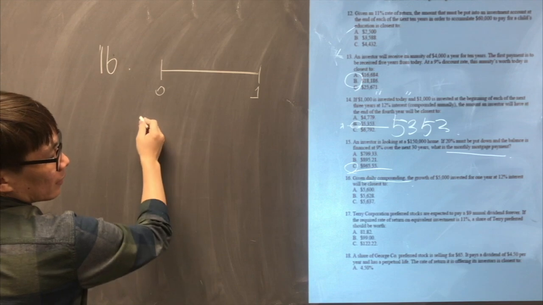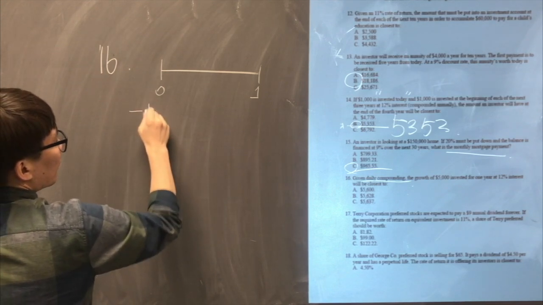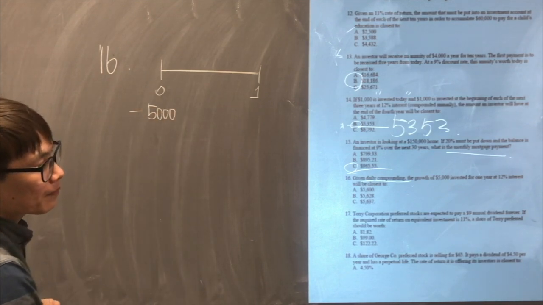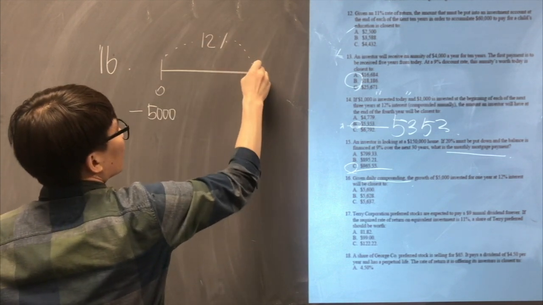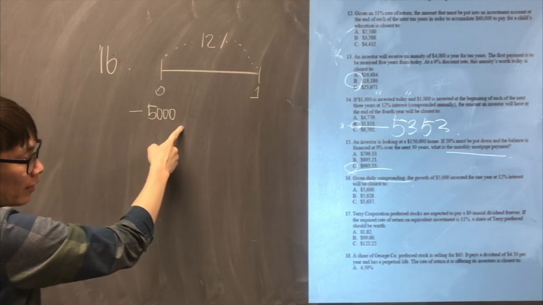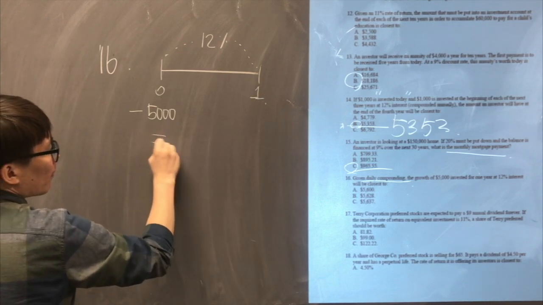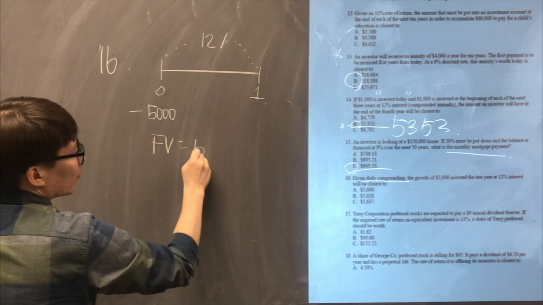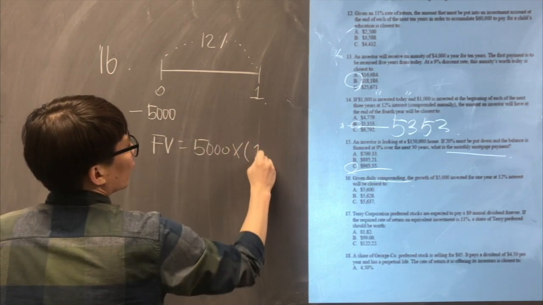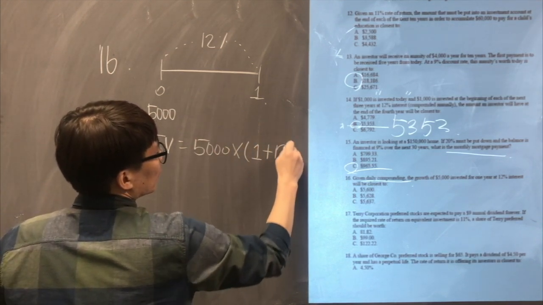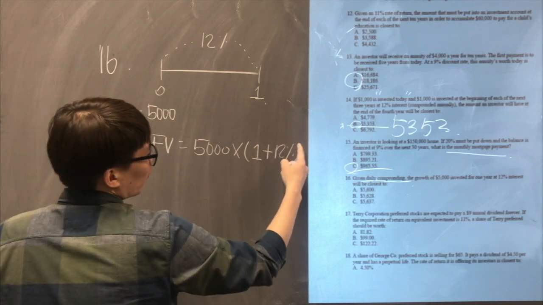Okay? What is it? You invest 5,000 today, 12%. This is annually. Okay? So your future value equals what? Right, 5,000 times 1 plus percent to the power of the number of years.